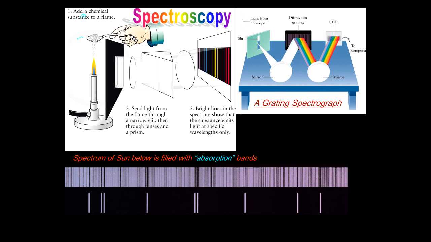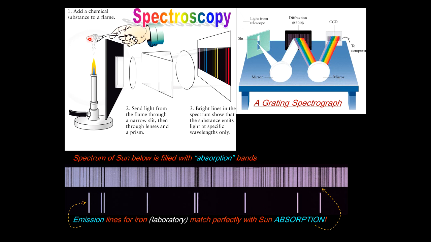And what we see below that is the emission lines for iron that can be discovered in a laboratory. Using this method, if we vaporize iron, it produces lines on a screen corresponding to these lines, various wavelengths, as shown here. So this is the emission line spectrum for iron.